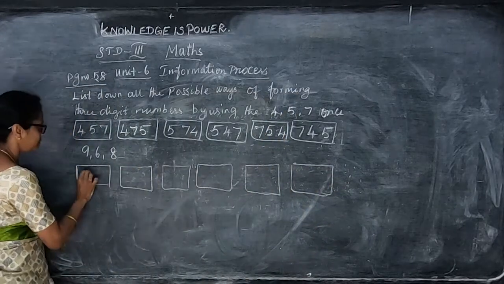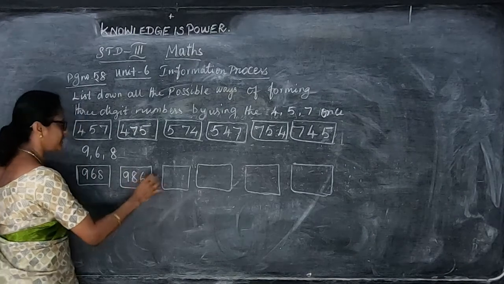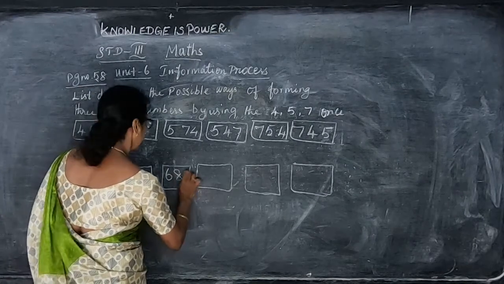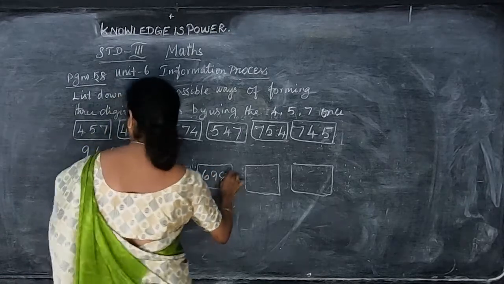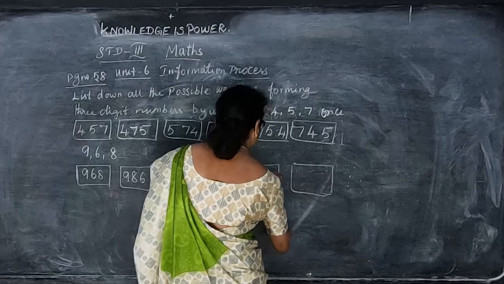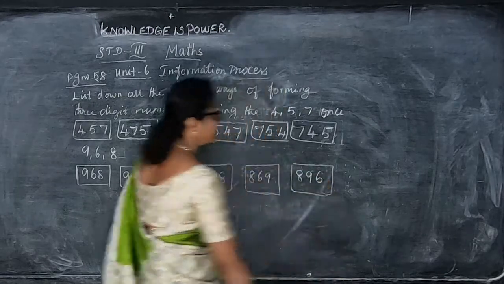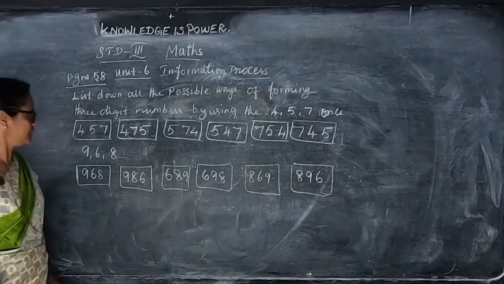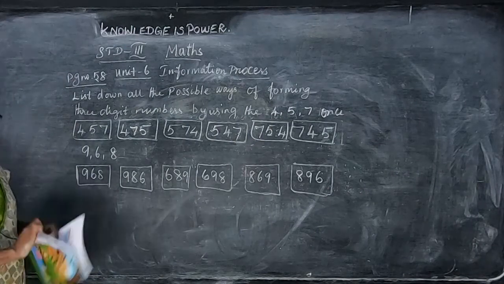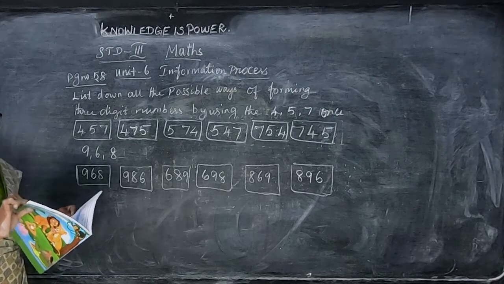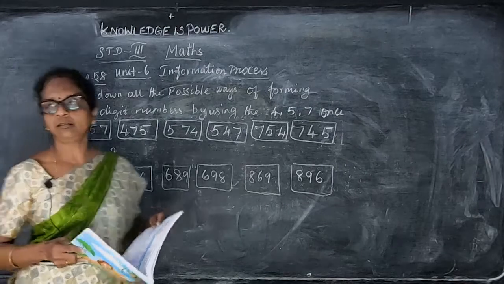So you can write this number 968, 986, then 689, 698, then 869, 896. So these are the possible ways of arranging the numbers. Okay, so change these numbers and write them and practice everything. Okay children, thank you. We will see it in the next class.